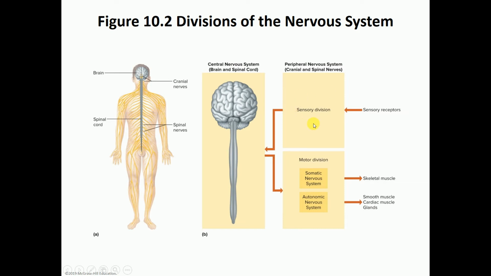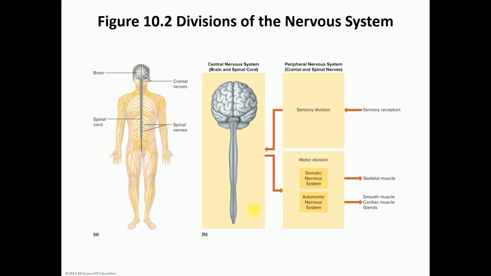Sensory division picks up any sensory information. It could be vision, hearing, touch, pain, pressure. All of these are sensory stimuli. It will detect those stimuli through these receptors and then send that information towards the CNS on the sensory neurons, all of which would make your sensory division.